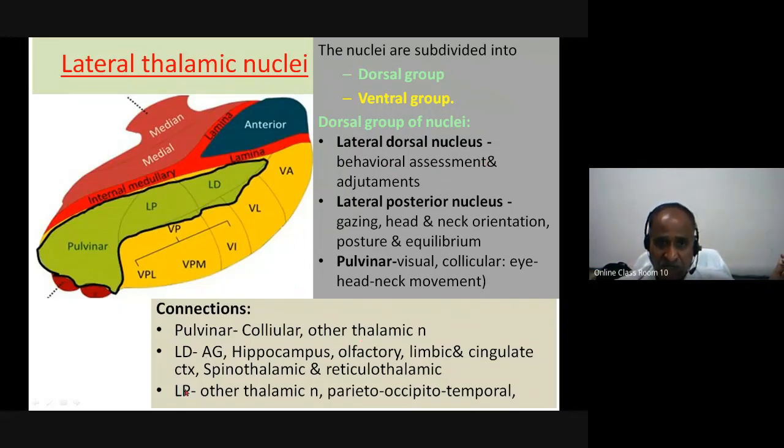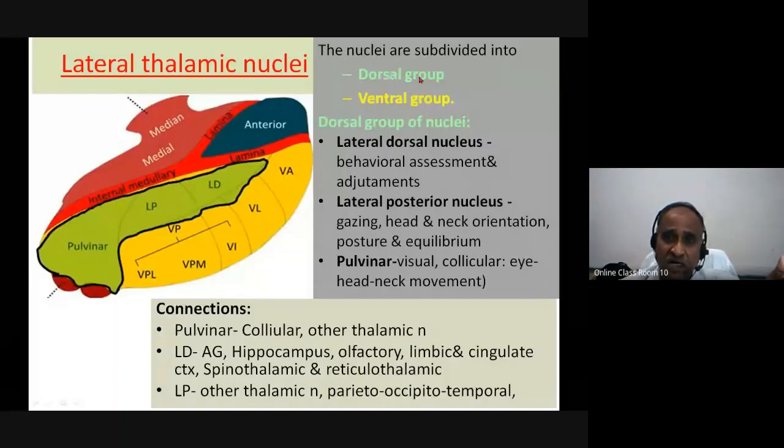Now, the lateral posterior receives inputs from other thalamic nuclei, from the lateral dorsal, the ventral posterior, the pulvinar, and the interthalamic nuclei, and from the parieto-occipito-temporal area and the somatosensory association area, so as to help the pulvinar in performing actions.